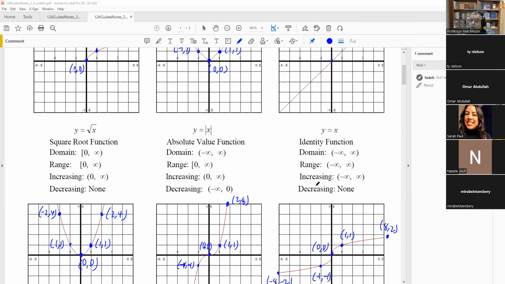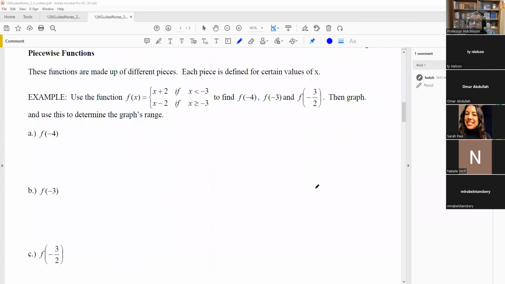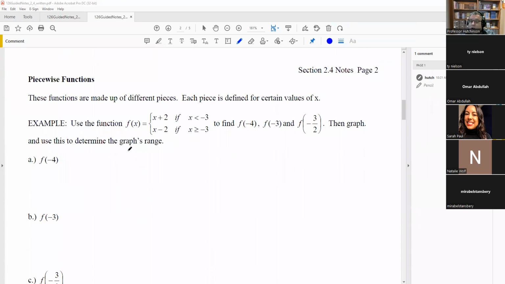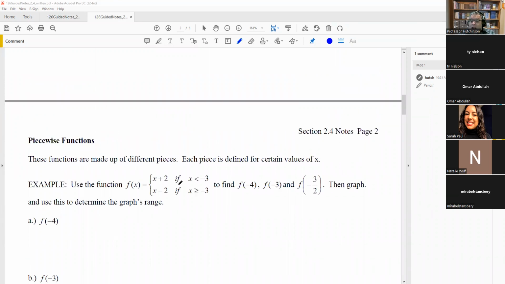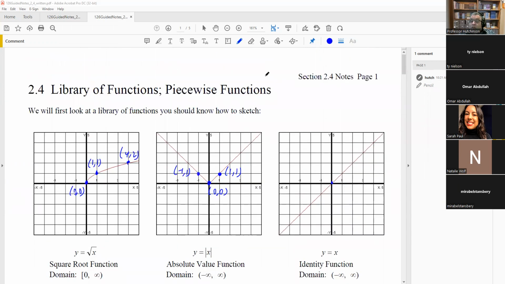All right, so let's scroll down and let's talk about what some piecewise functions are. What this is, it's going to be actually using pieces of these that we see here in order to do piecewise functions. So when we get into section 2.5, 2.5 is talking about the transformations.